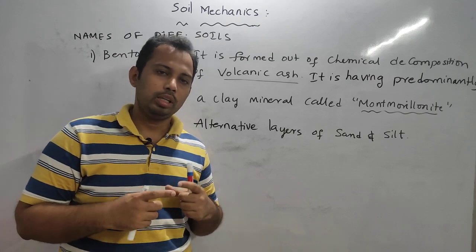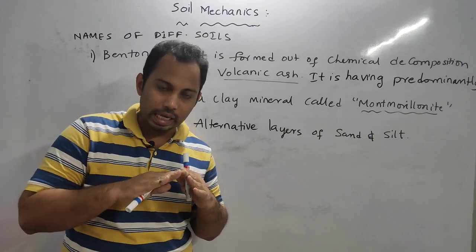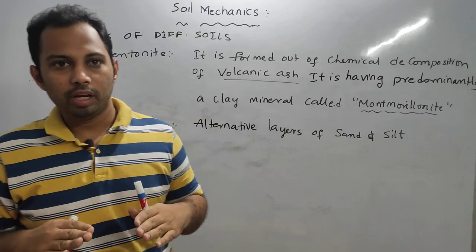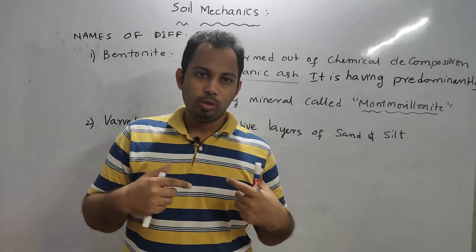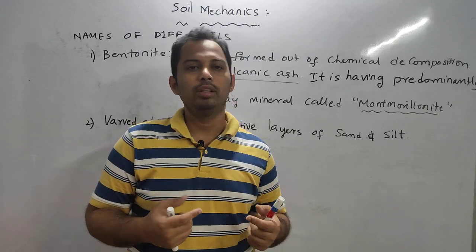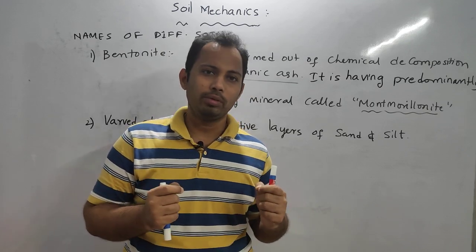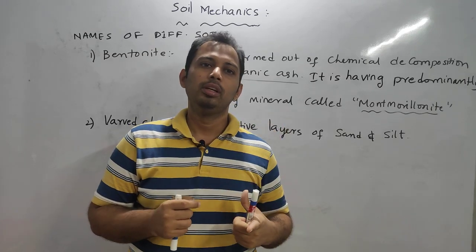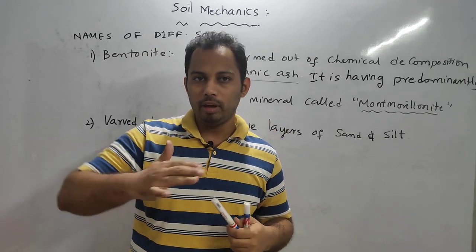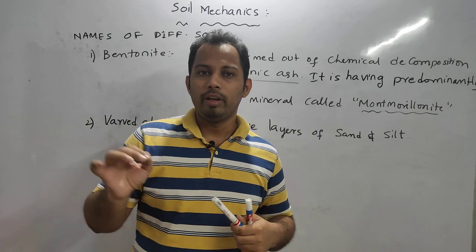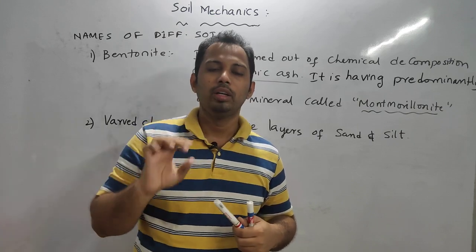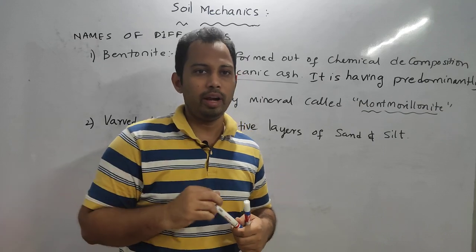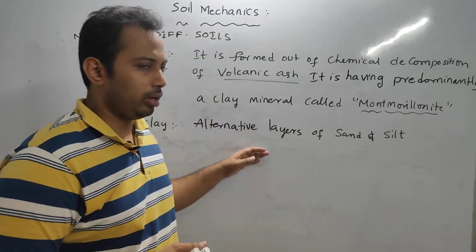Observe the soil at the bank, where small waves hit. Though the lake is stagnant water, it has very small waves. When the wave goes back, observe what kind of strata you get there. There you will find exactly what I am saying, what Varved clay is.